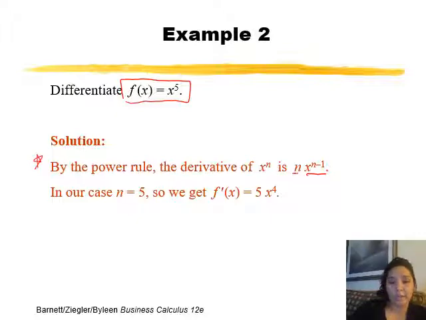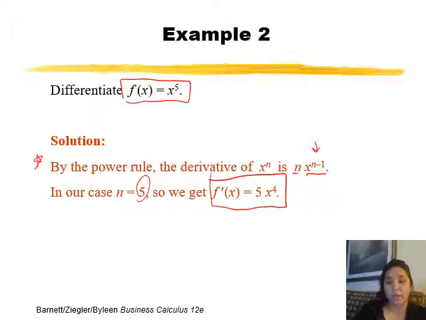So in this case, n is equal to 5, and you plug in that value for n, and we are left with 5x to the 4th power. They brought the 5 down, and then here is 5 minus 1, which is 4, and that gives us our new exponent.